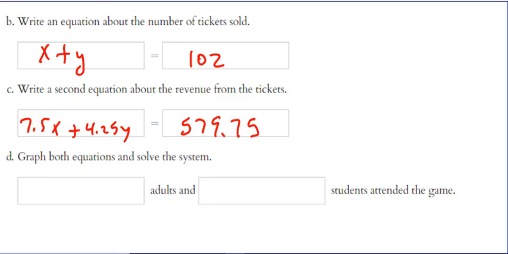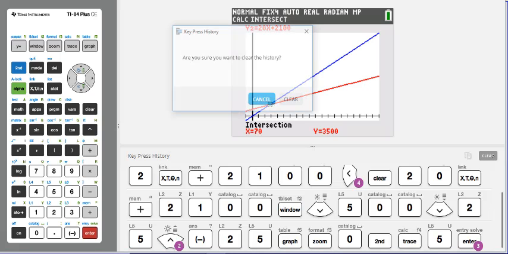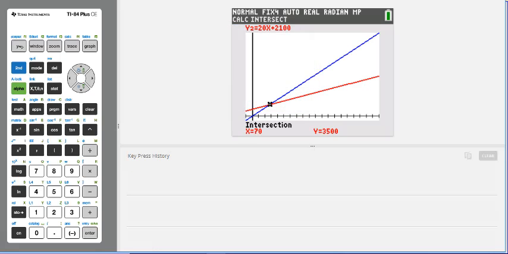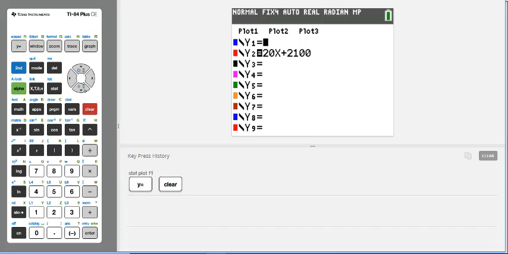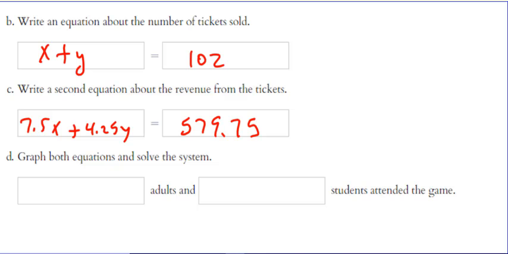Okay, so here we go. We're going to graph both of them. We hit clear, and y equals to get into our equation editor. Before I do that, I've got to put them in slope-intercept form. For this one, it would just be y equals negative x plus 102.